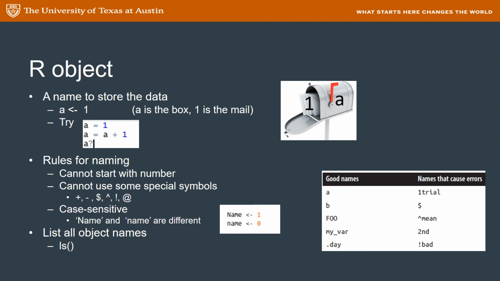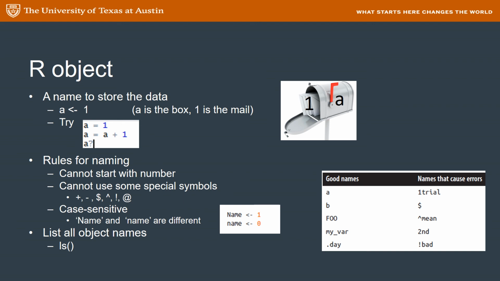Alright, so now you know how to define a value, which is an object. Then, there are a few things that you have to pay attention to. First of all, when you do the naming, you cannot start with a number. And also, there are some special symbols which are prohibited, such as plus, minus, dollar, because R itself has some meaning for them.